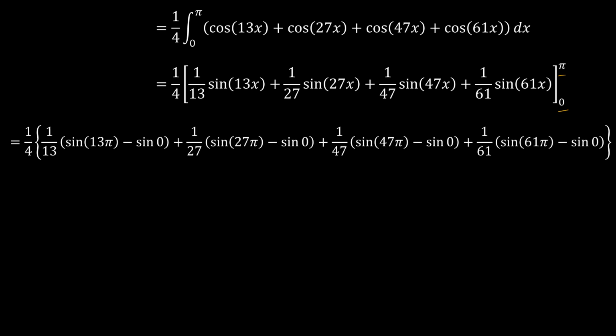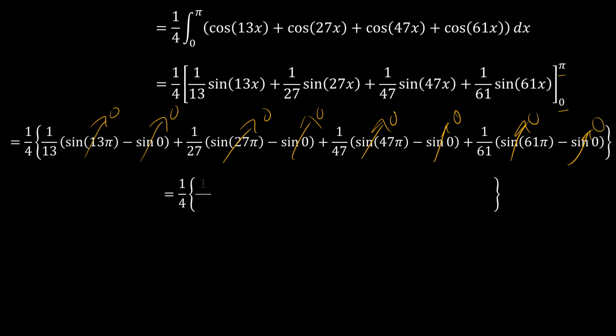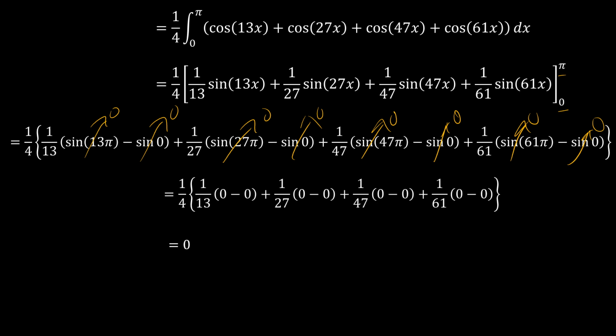Sine of any integer value times pi is 0, and the sine of 0 is 0, so everything collapses to 0. It's a quarter times 0 throughout, and that is how we get our 0.